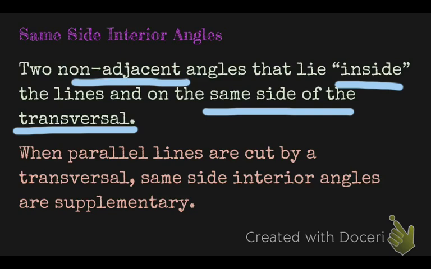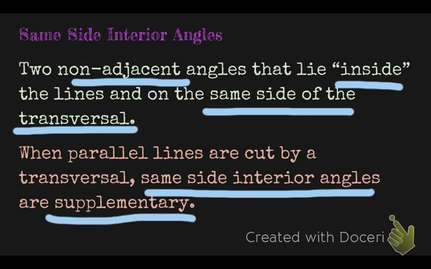When parallel lines are cut by a transversal, then same side interior angles will be supplementary. Reminder that supplementary angles means that when we add the angle measures together, they will have a sum of 180. Go ahead and pause the video right now and jot down this very important information.